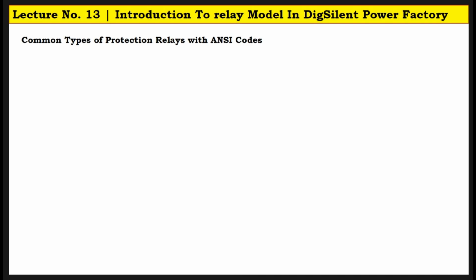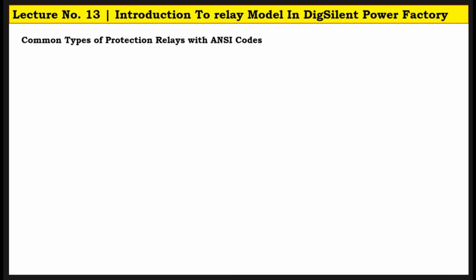Okay, now we have understood what protection relays do. Let us move to the next important topic, ANSI device function numbers or codes. If you have seen any protection SLD, you have seen numbers like 50, 51, 50N, 51N, 87.